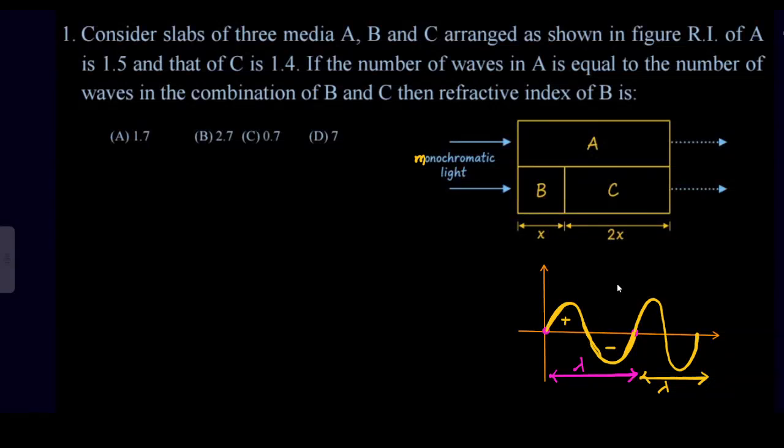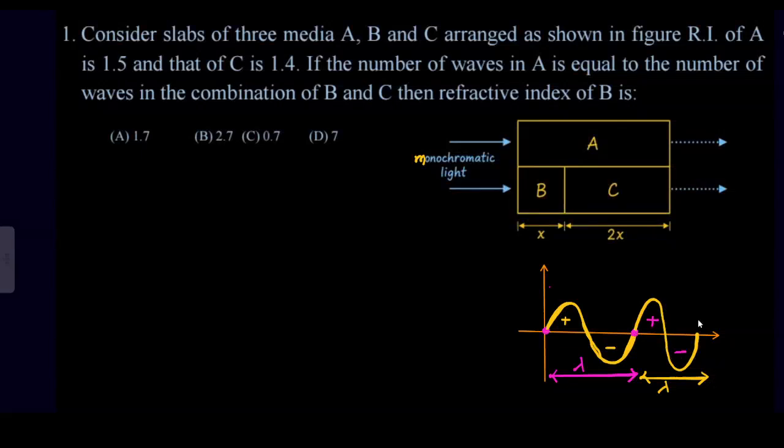Here we have the positive cycle again, above the x-axis, and the negative cycle below the x-axis. Now, how many waves are there in this case? From here to here is one wave, and this is another wave.